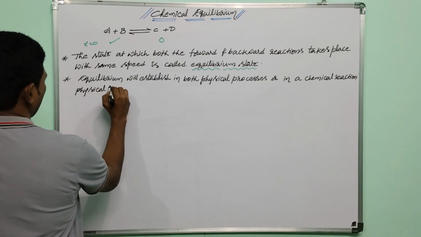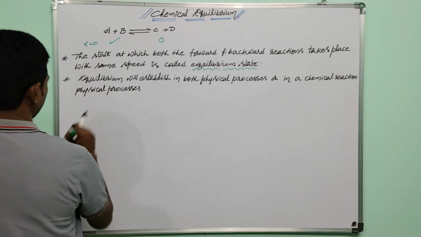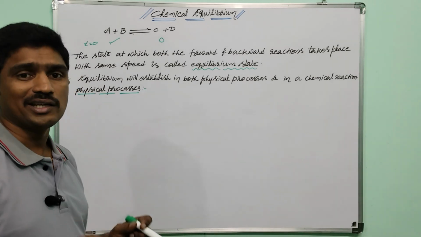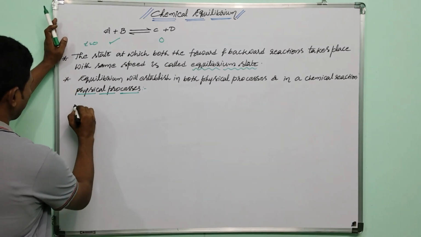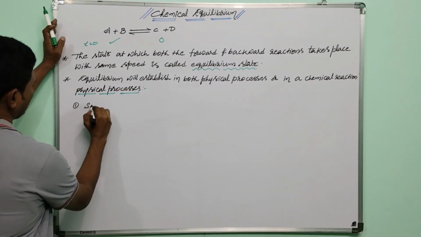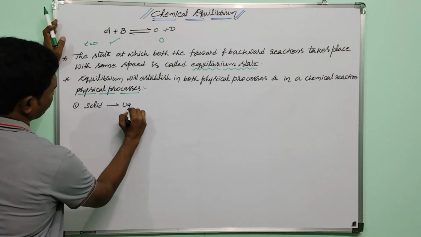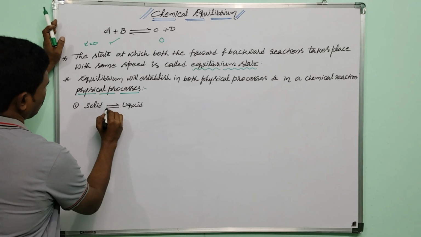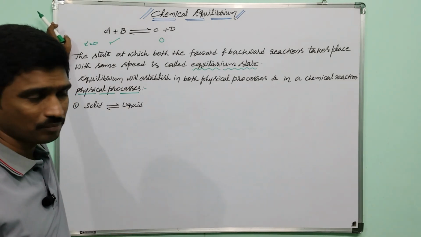So physical processes. Let us take some examples to understand the existence of equilibrium in physical phenomena. The first one, a solid converts to liquid, which on further converting freezes to a solid.